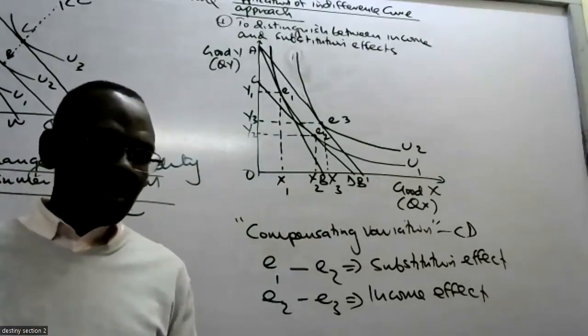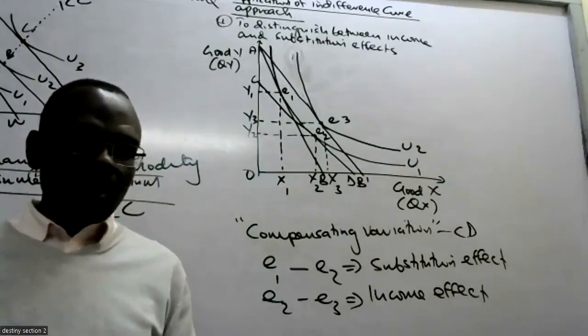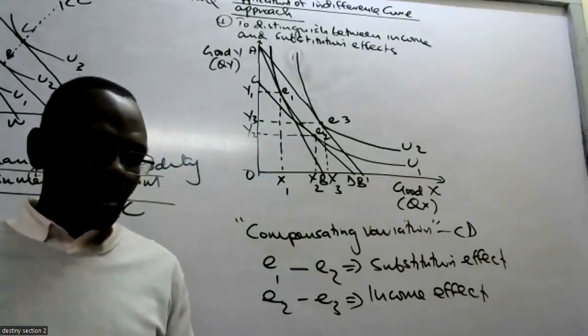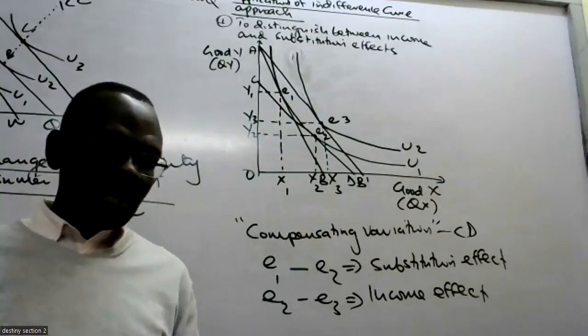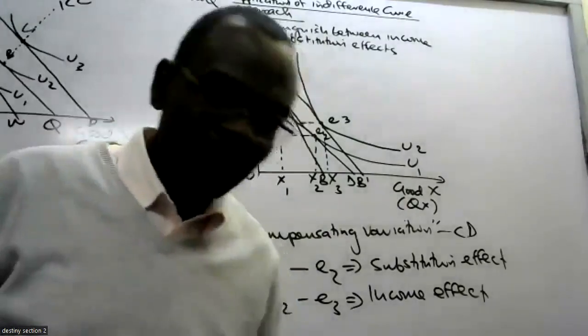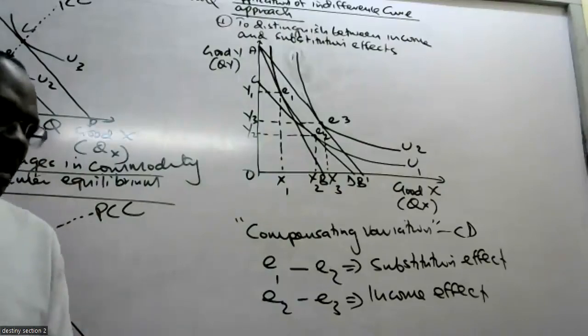The movement from E2 to E3 is the income effect, where the consumer buys X2, X3 units of X and Y2, Y3 units of Y because of the increase in his real income. So that's how we distinguish between the income and the substitution effect. This is the application of the indifference curve approach.